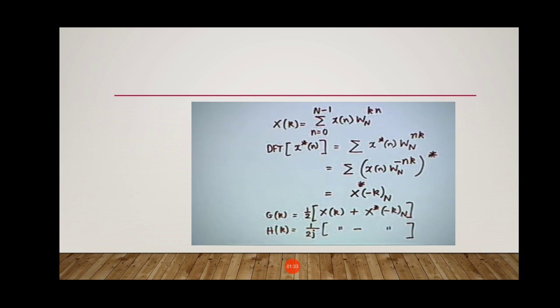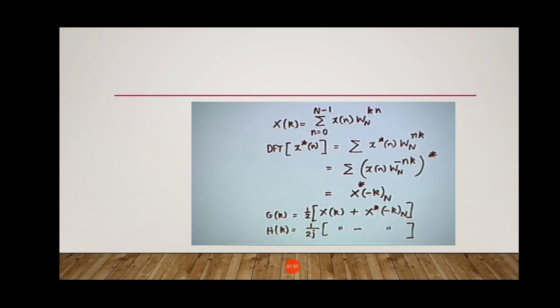So X(k), as the formula, is equal to summation n going from 0 to N minus 1 of x(n) W_N to the power kn, where k goes from 0 to capital N minus 1.